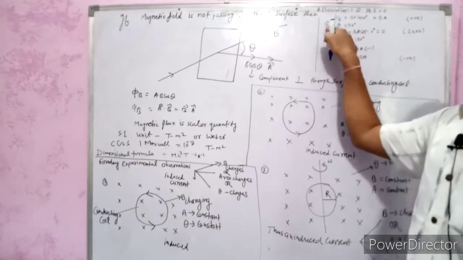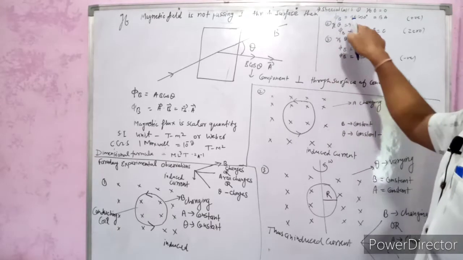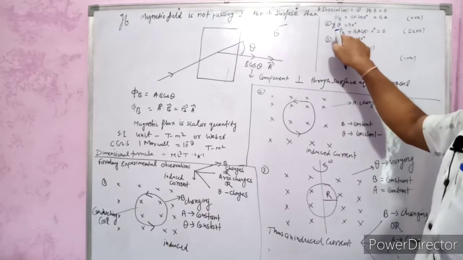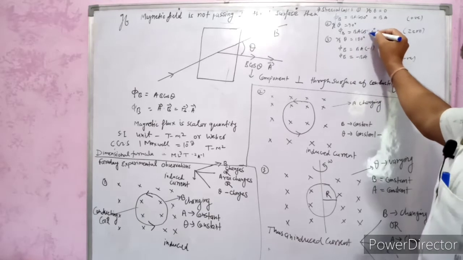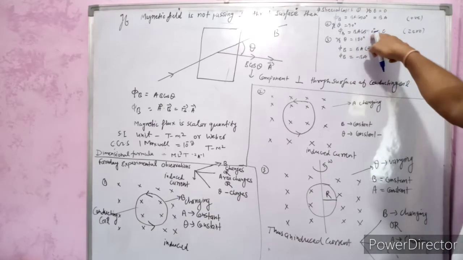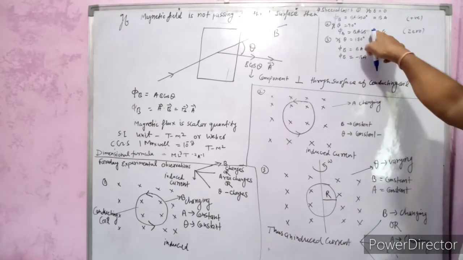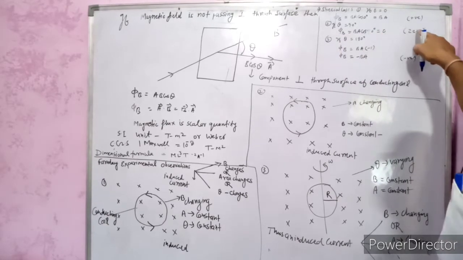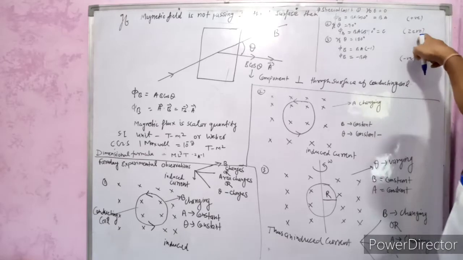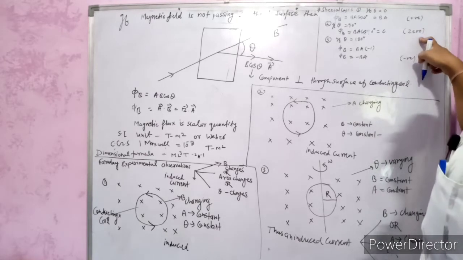Second case, if theta is equal to 90 degrees, then phi B is equal to BA cos 90 degrees. Here cos 90 is equal to 0, therefore phi B is equal to 0. So in this case the flux passing through the surface is equal to 0.